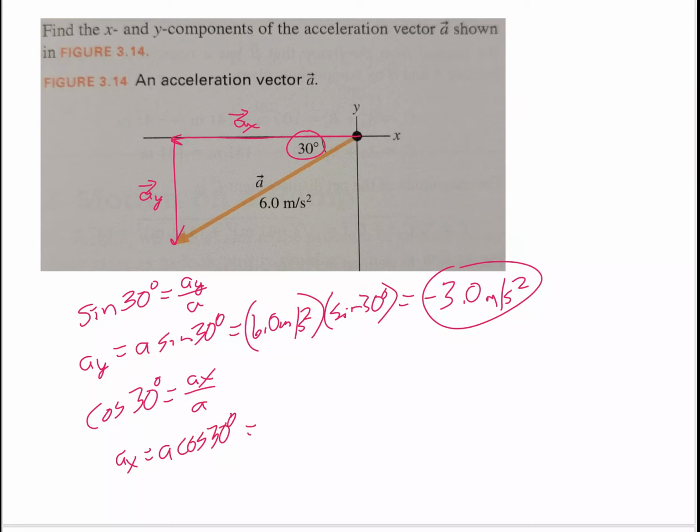So now we have a is 6.0 meters per second squared, times cosine 30 degrees.